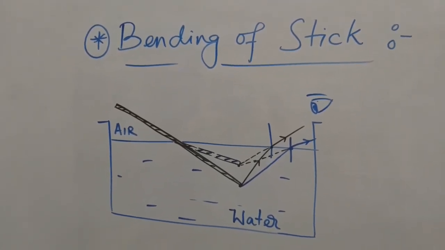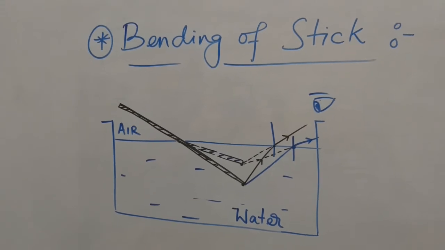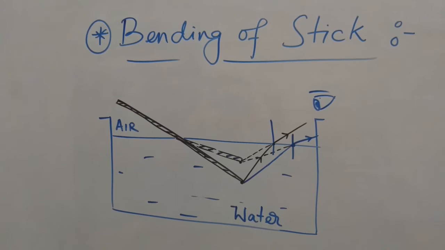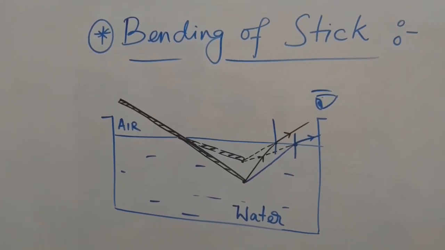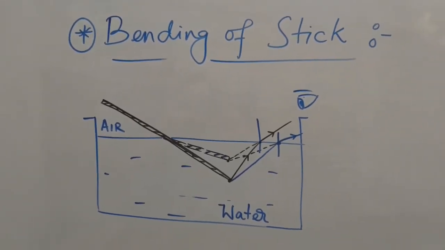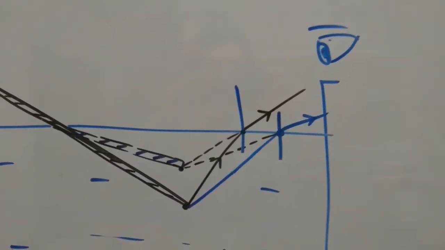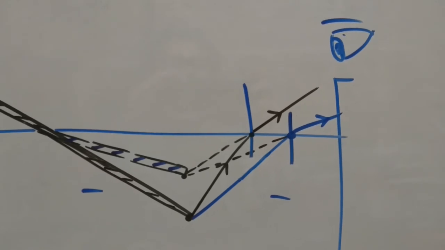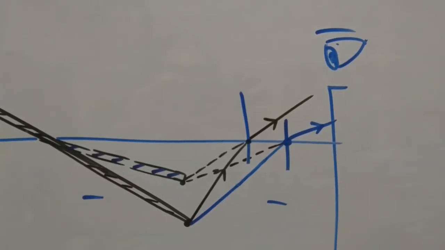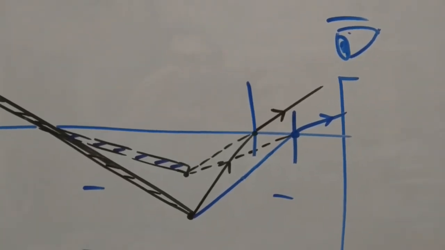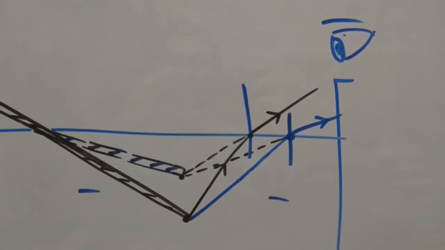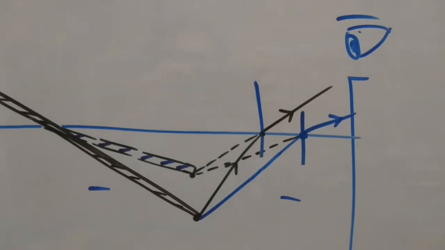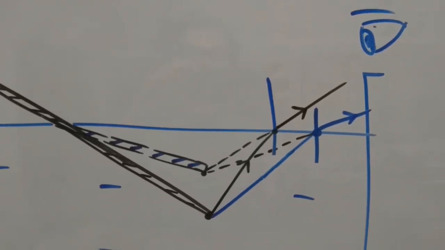So we have taken a point from where we are taking two light rays coming to the air-water interface, and after refraction it is going away from the normal, and finally you can see that that point is appearing a bit upward, and eventually considering the refractions from other points, the stick will appear to be bent from that end. Okay, so you can clearly see how the stick is apparently looking bent.